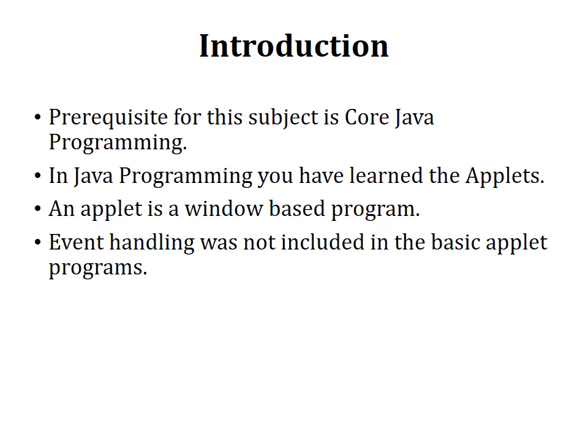The last part of core Java programming was applets, in which students created window-based programs, but they consisted of only basic shapes. Event handling was not included in the basic applet programs. In this chapter, we are going to see another aspect of GUI programming with the AWT package.